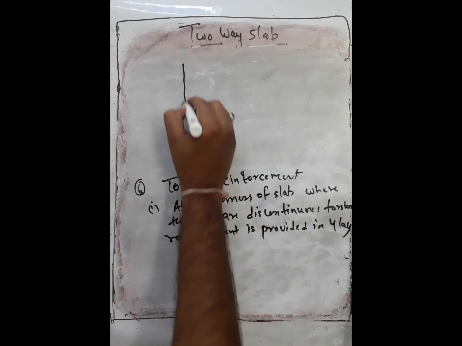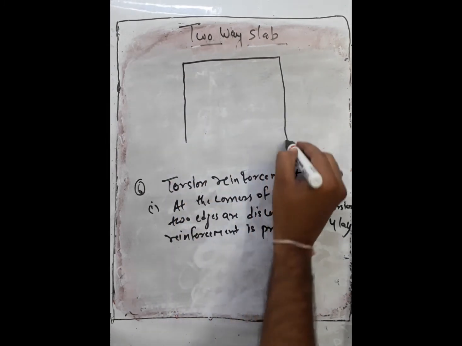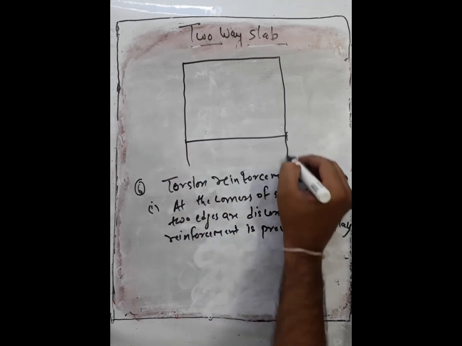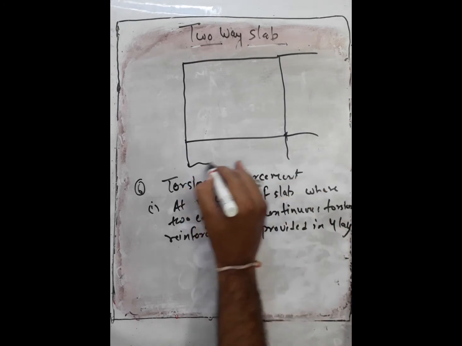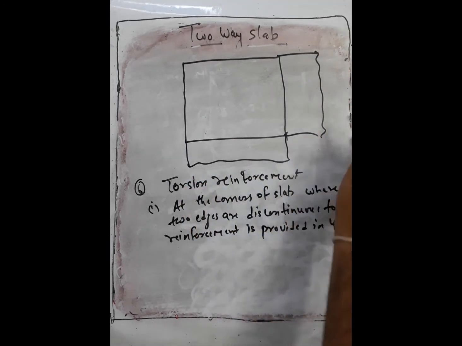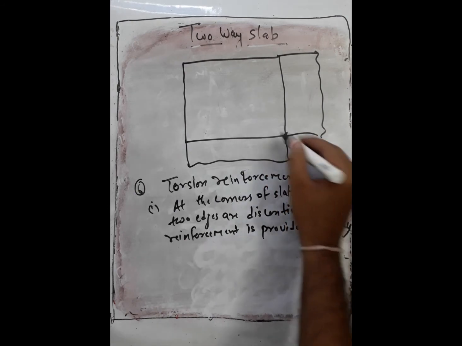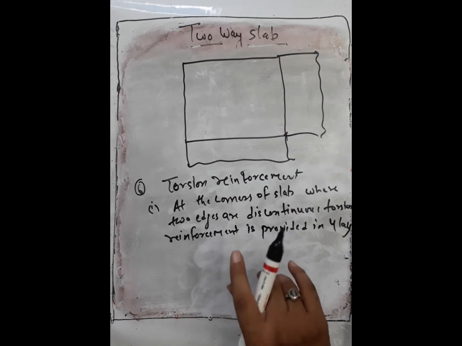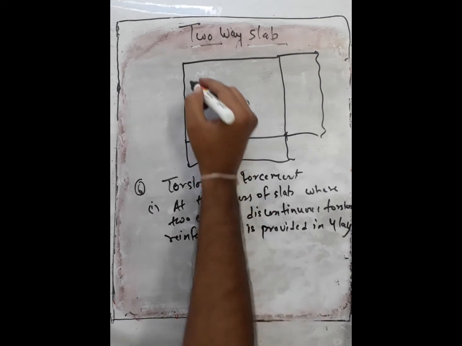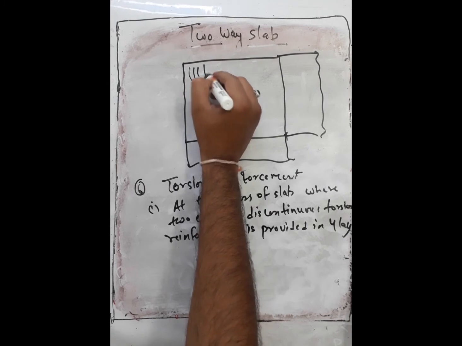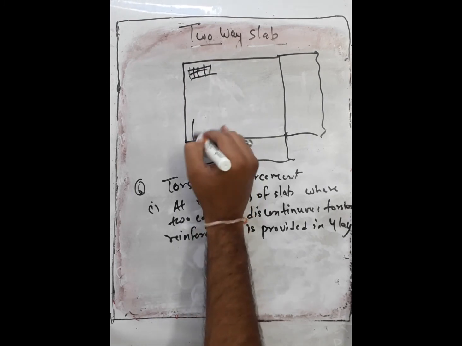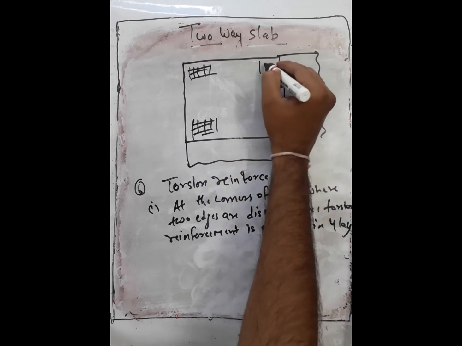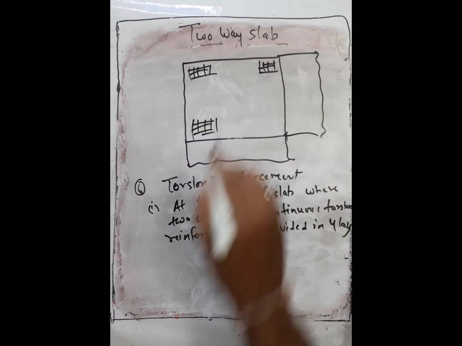Let's see, this is one slab, and here these two edges are discontinuous, means our slab extends here and here also, and this one we have to design. So here we provide torsion reinforcement at the corner. It looks like that.